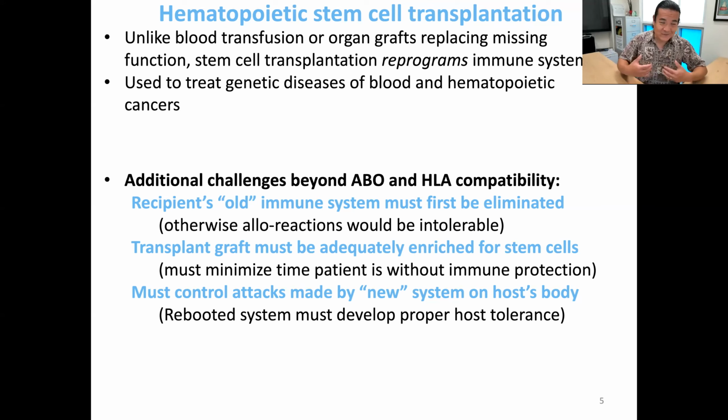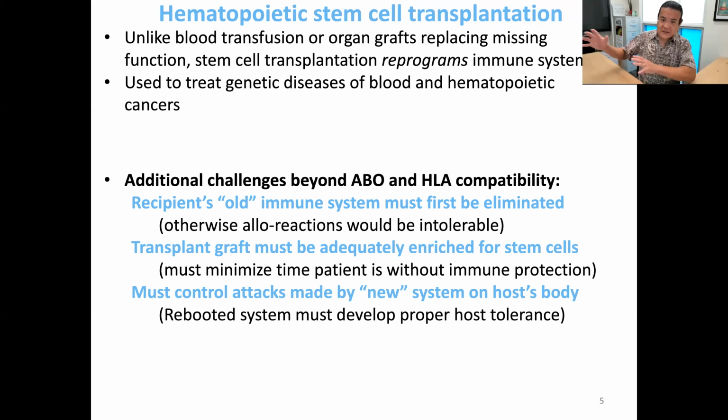Like if you're talking about computer files on your computer, you have a bad copy of something, program or file or whatever, you need to delete it before you can get a fresh copy put in. Otherwise, if you didn't first delete it, you would have 2 competing immune systems going at each other, right? And that type of allo reaction would obviously be intolerable, right?